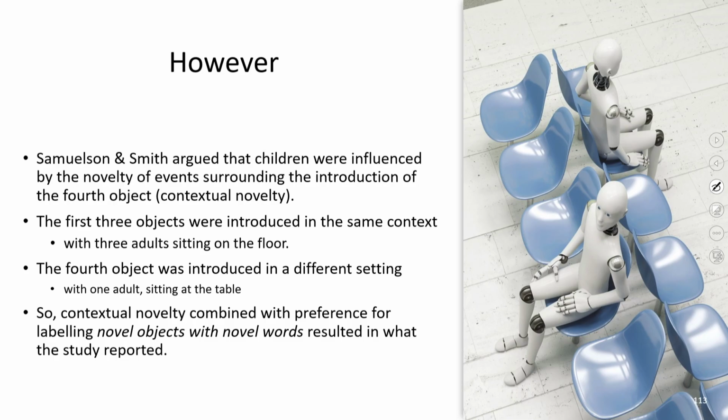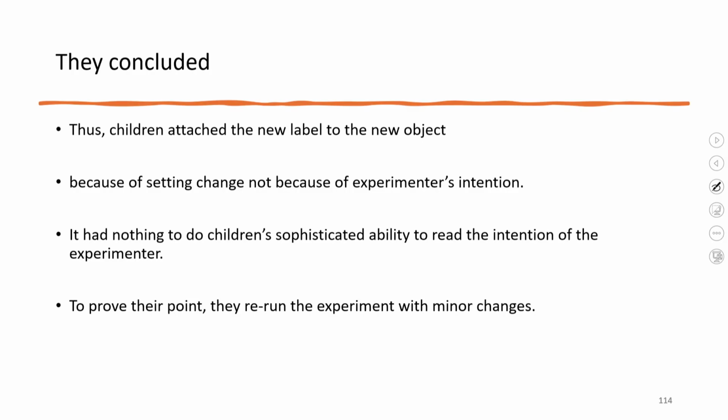The 4th object was introduced in a different setting, with one adult sitting at the table. So, it is the context, combined with the preference for labeling the novel object with the novel word. They concluded that the children attached the new label to the new object because of the changed context in which that object was introduced. So, it has nothing to do with the children's sophisticated ability to read the intention of the experimenter.